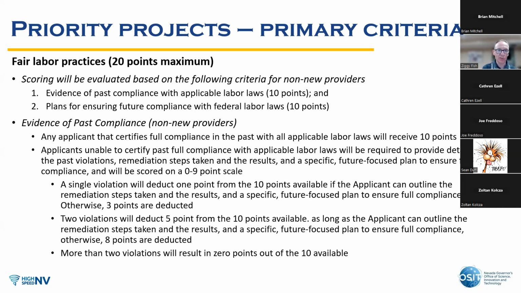And similarly, if you have 2 violations, 8 points will be deducted unless you have a future-focused explanation of your plan so you don't repeat these violations in the future and ensure full compliance, and then you can get 5 points.